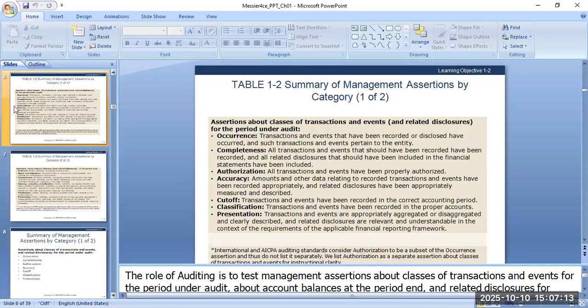But the assertions for the transactions and events which are done for the period under audit. This is probably the most important thing from this chapter.